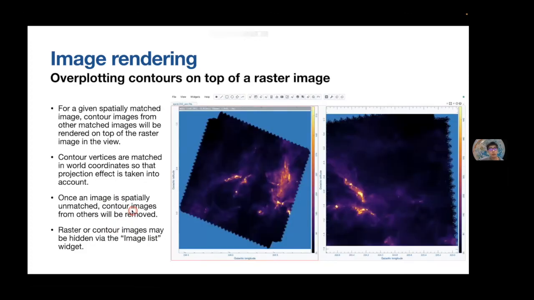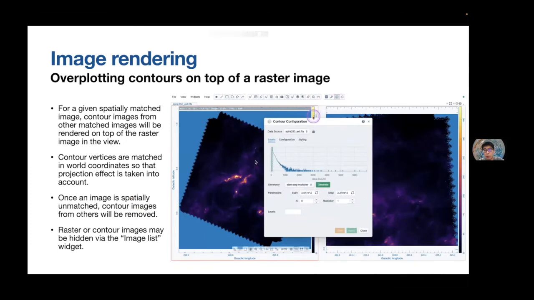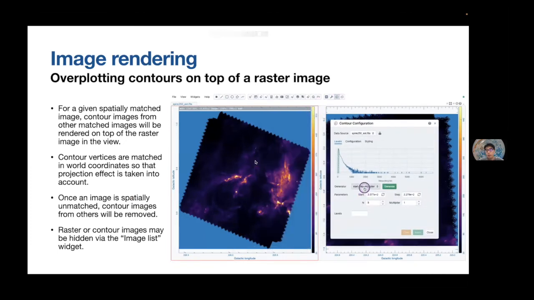So a common exercise will be overplotting contours on top of other raster images. So in this case, I have two images with different sky frame and also different sky coverages. What you need to do is we generate a set of contours first.